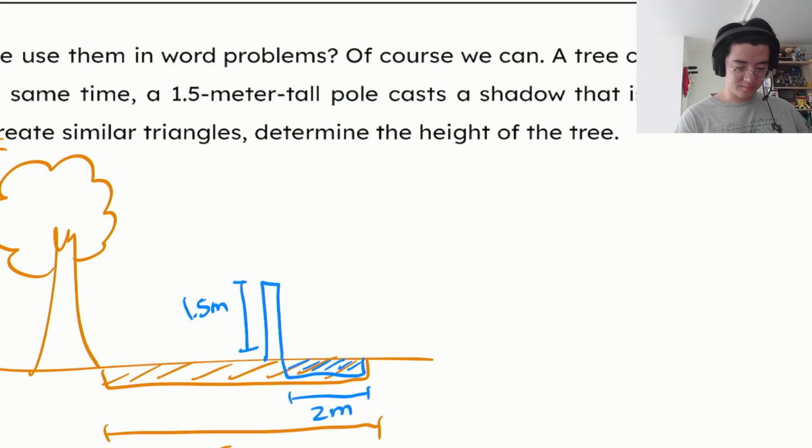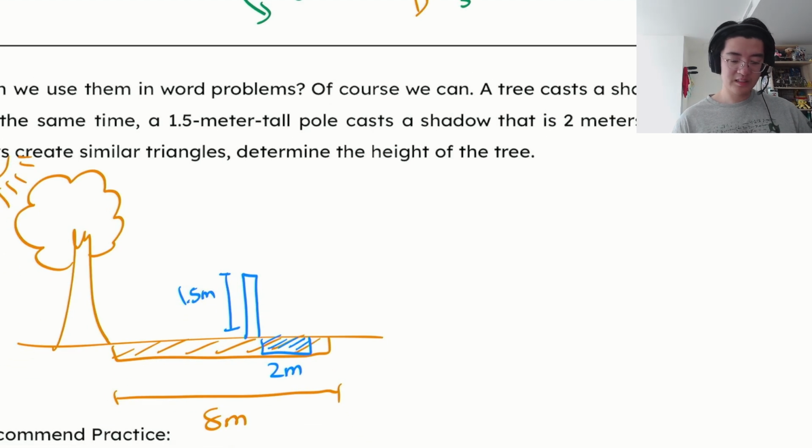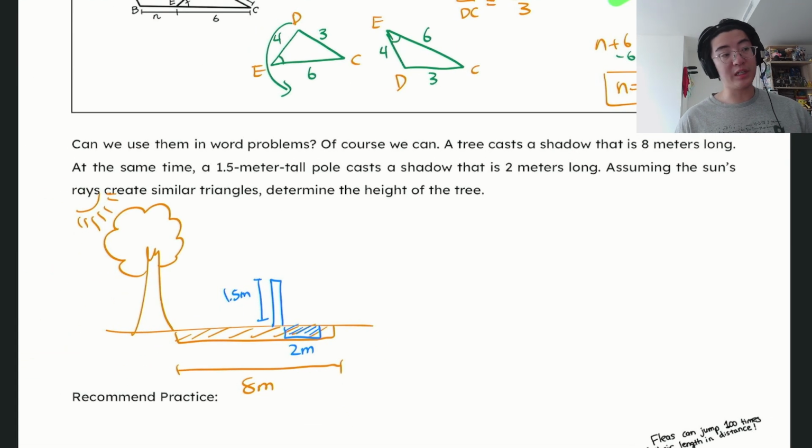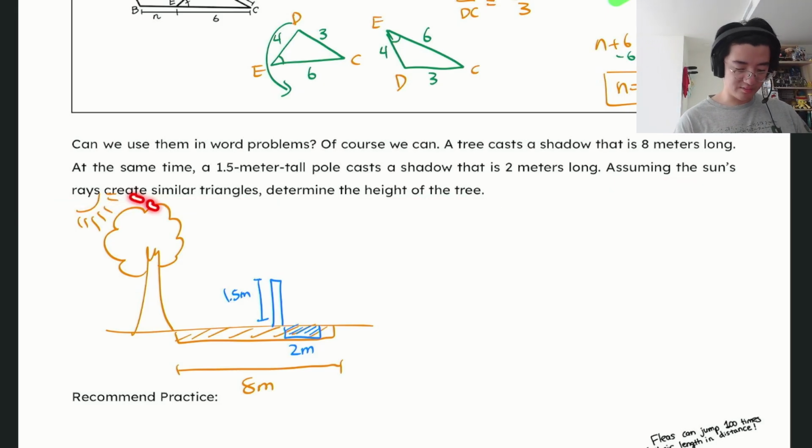Okay? Or actually, it doesn't really matter. It doesn't necessarily even have to reach the end. It could just be around 2 meters here. And now we know we could draw it like this because we are assuming that the sun's rays create similar triangles. So you can think of sun rays shining like this.